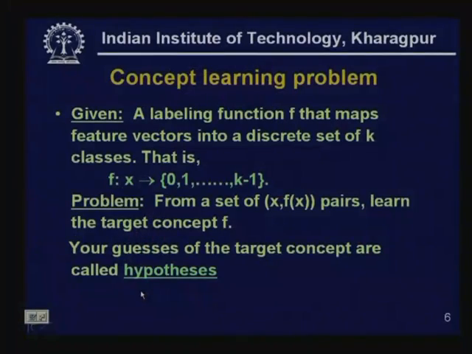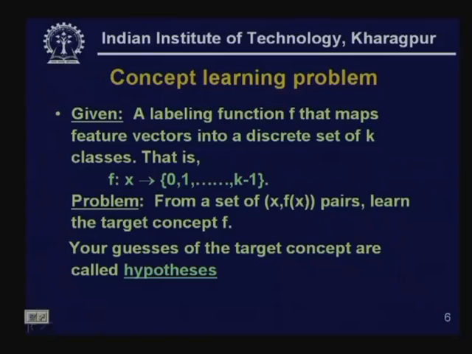And there is an underlying labeling function f that maps an instance to a class. Sometimes we will be interested in two class learning problems. In those cases we will say that some of these instances are positive examples of a class, and others are negative examples of the class.